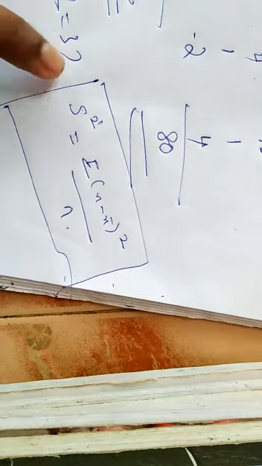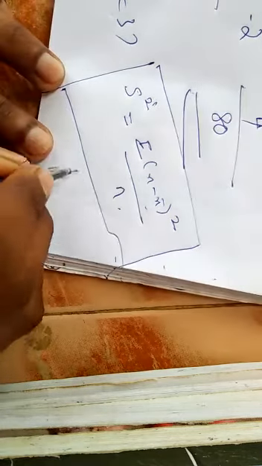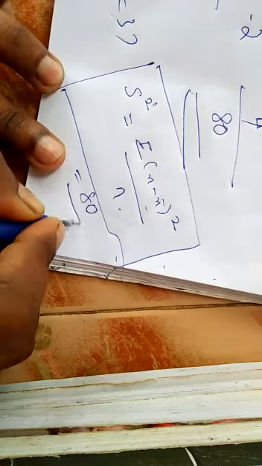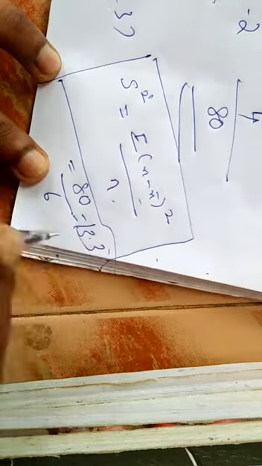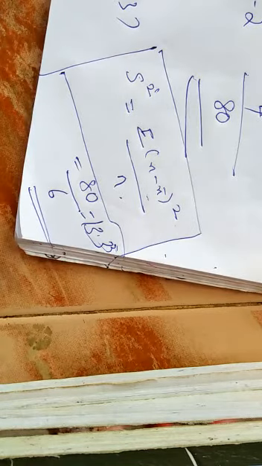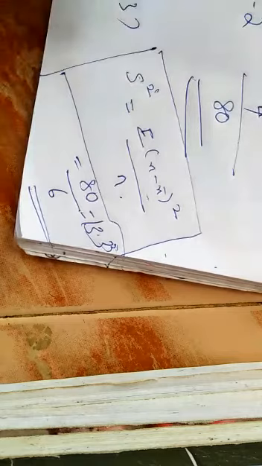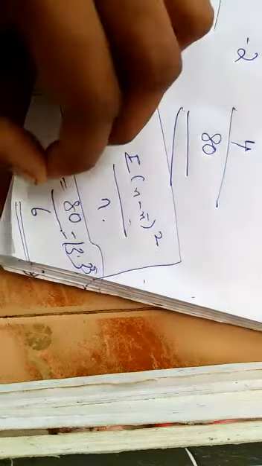Here the summation is 80 divided by 6, you get 13.33. So the first sample variance is 13.33.